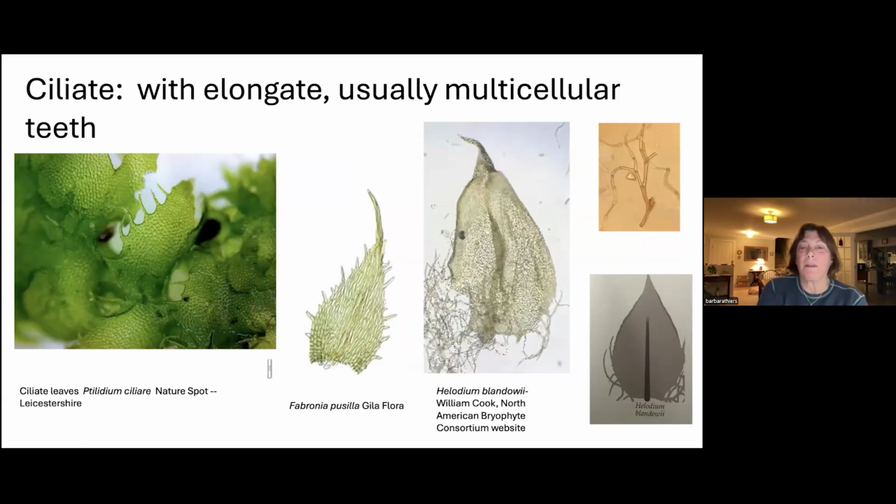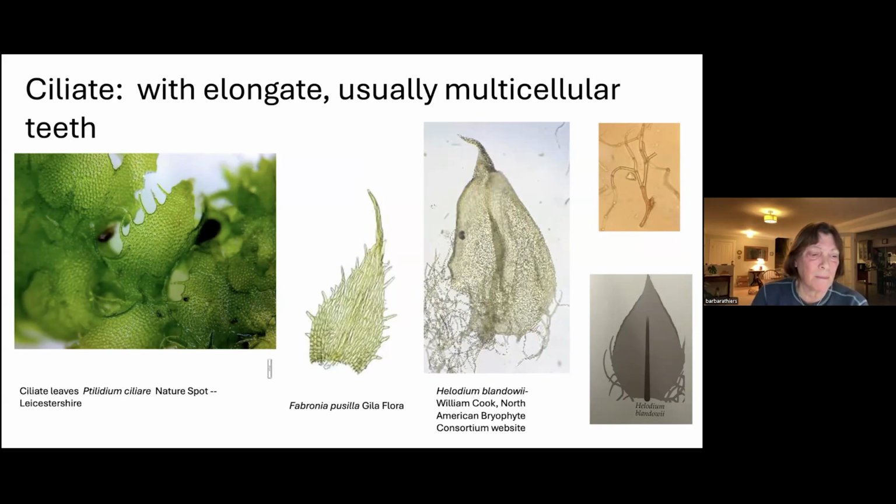Now, most mosses stop with teeth; marginal projections are usually called serrations or dentations. But then there are cases where you have cilia on the margins, much more common in liverworts than in mosses. And a cilium is, I guess, really just a tooth that's gotten very long, so long that it's a little bit wavy.